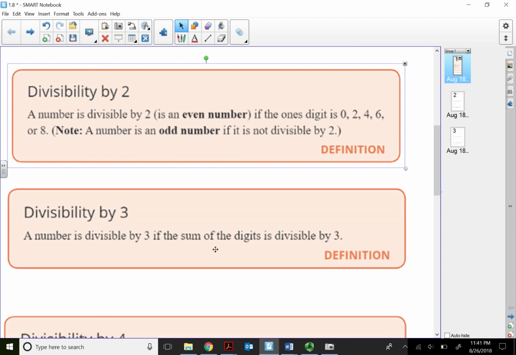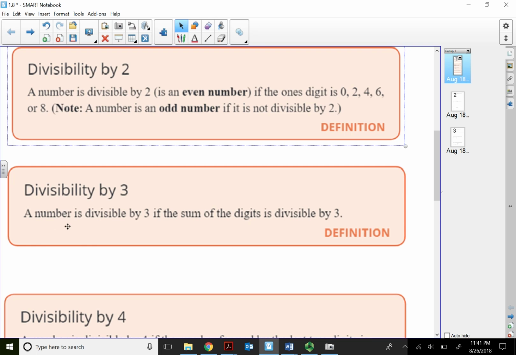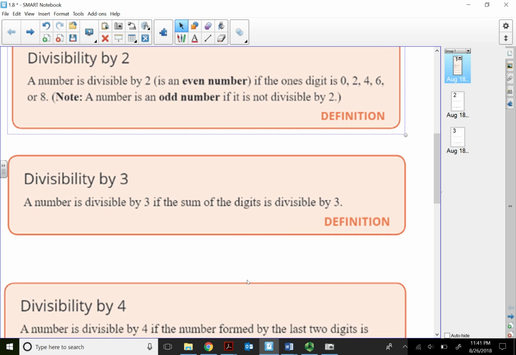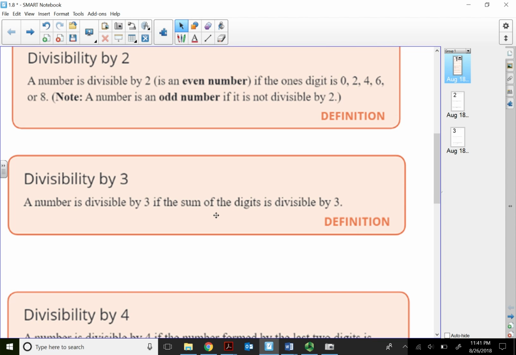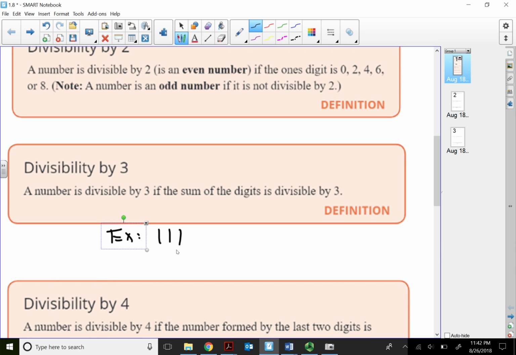A number is divisible by 3 if the sum of the digits is divisible by 3. This one's kind of weird. Let me show you a quick example, the number 111. Can 3 go into 111? You can figure this out before you write out the long division.